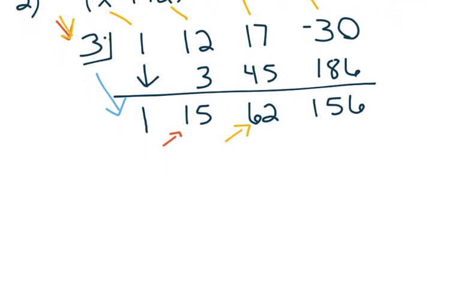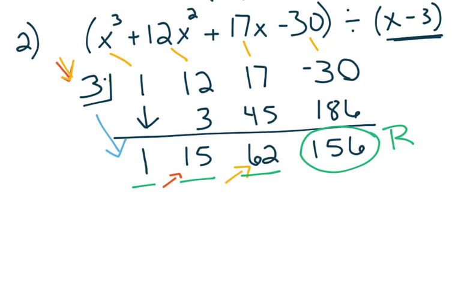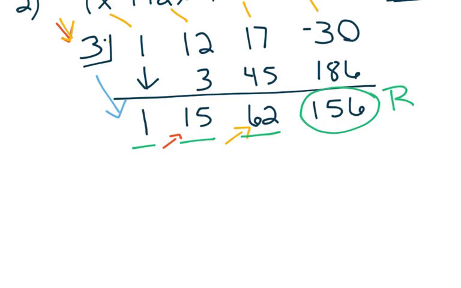Now, we have numbers and we have a remainder, but where's our quotient? Okay, so we have these numbers down here. We're going to use them to write our quotient, but we have to pay attention to the fact that the dividend started with x cubed. So that means our quotient is going to start with x squared.